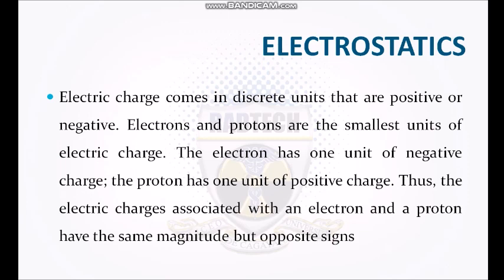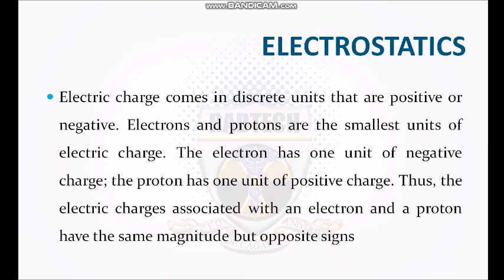Those are the important charges when it comes to our rad tech course. Previously we dealt with the atomic structure, in which atoms consist of a centrally located nucleus and orbiting electrons.